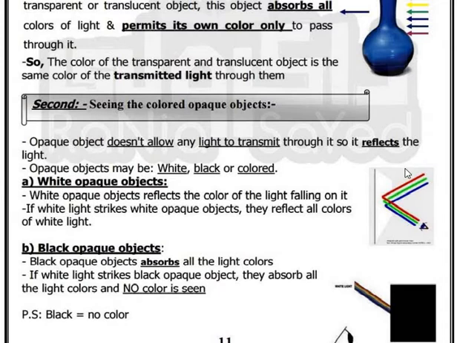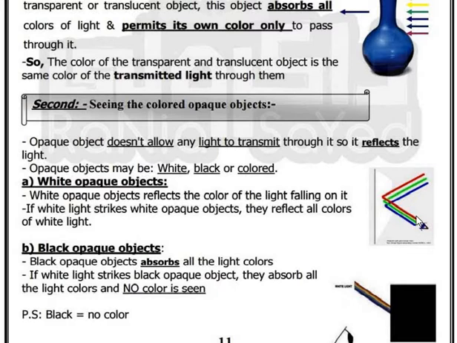When the white light falls on a white paper, the white paper will reflect all light colors. It will reflect the 7 spectrum colors. It doesn't absorb any color. So all the light colors will reflect from the paper to reach our eyes.